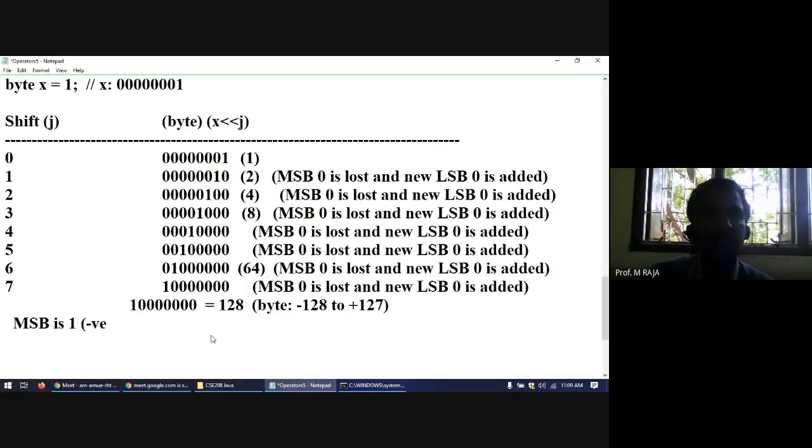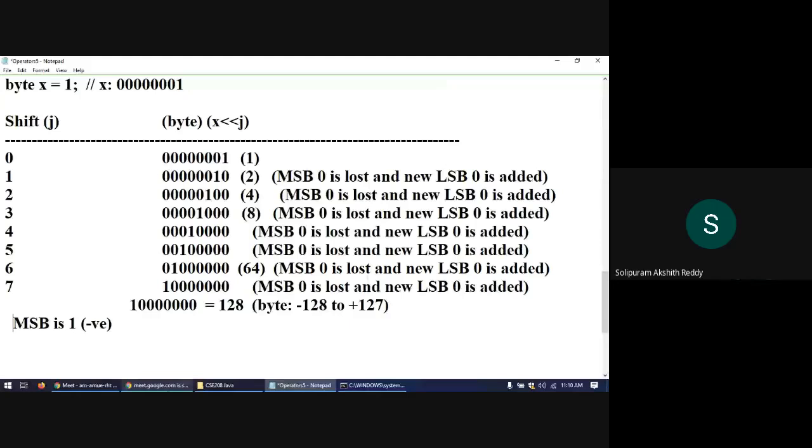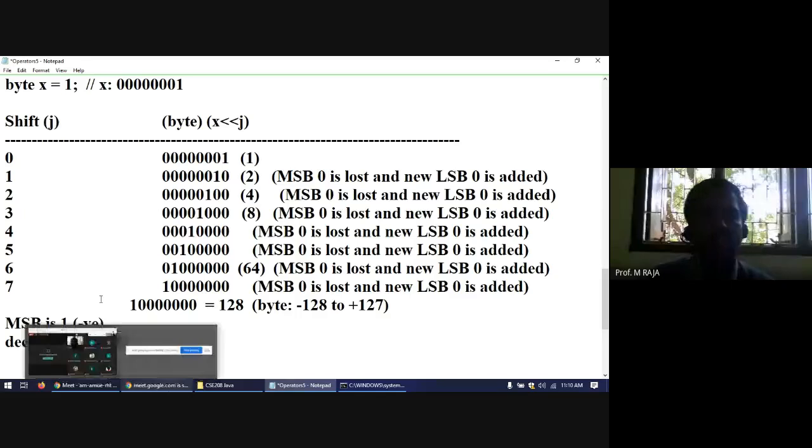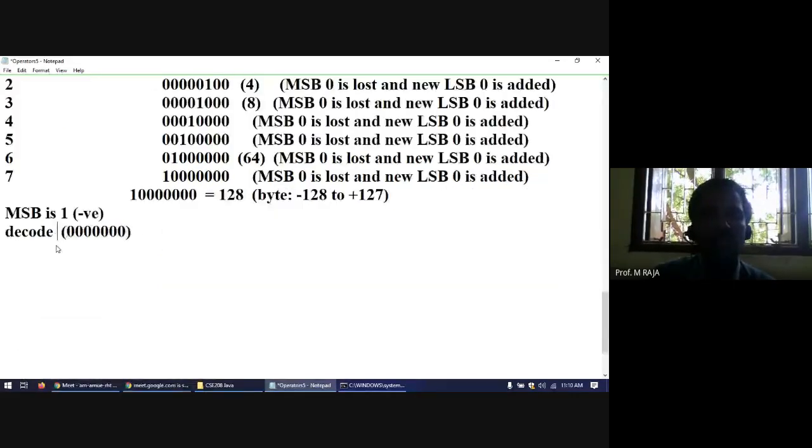This means the remaining 7 bits are in 2's complement format, so you need to decode the remaining 7 bits in 2's complement format.